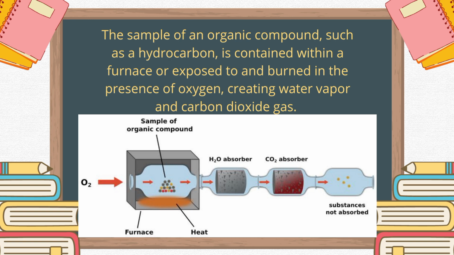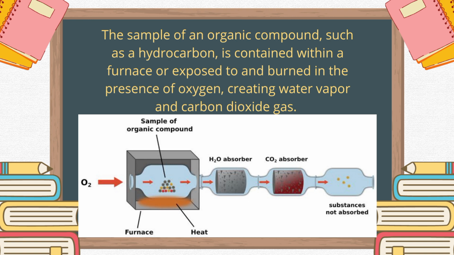Once we find that out, we can start calculating how much carbon and how much hydrogen came from that sample, which gets us closer to figuring out the chemical formula of that compound.